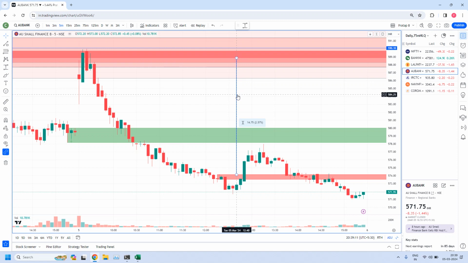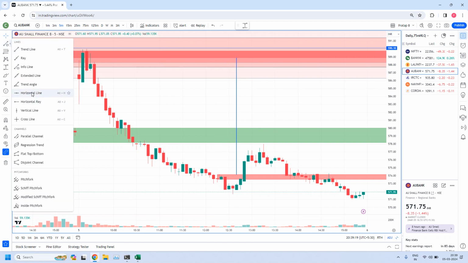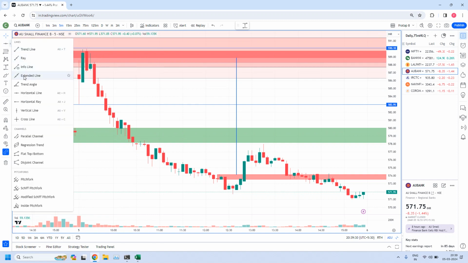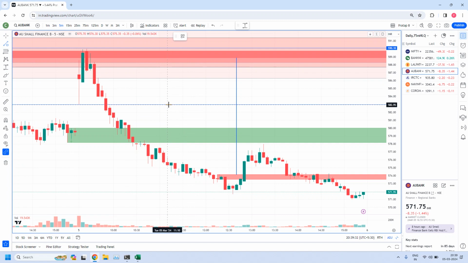This is your profit. See, if you would have exited here, let me draw the horizontal lines. If you would have exited at this 15 minutes demand zone, how much profit would you have got? Let me draw the info lines. This could have been your first profit.